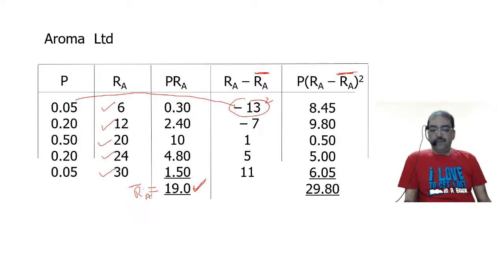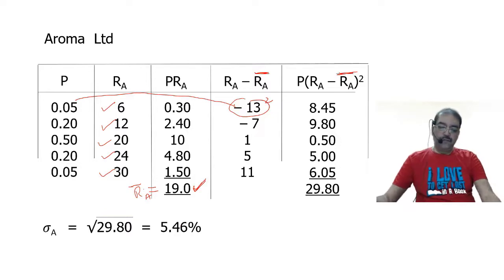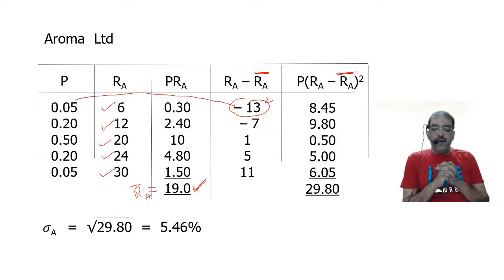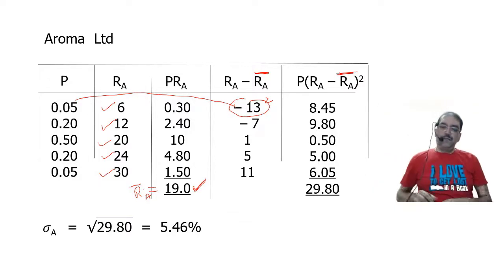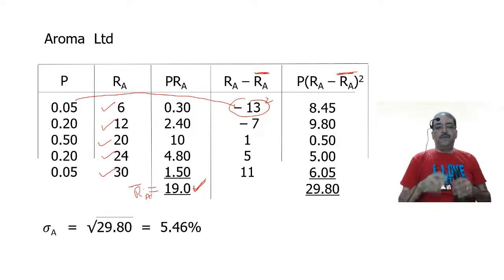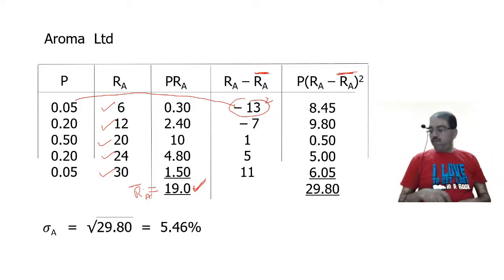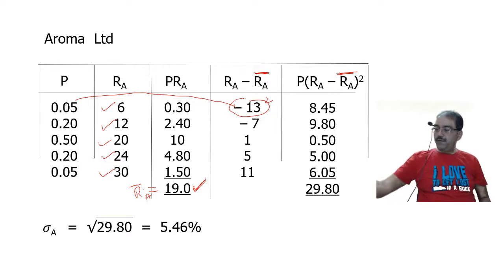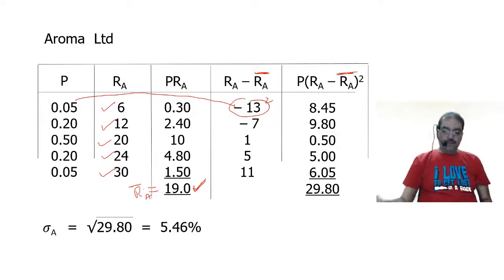The total is 29.8. The standard deviation of Aroma is the square root of 29.8, that is 5.46. Up till here clear?